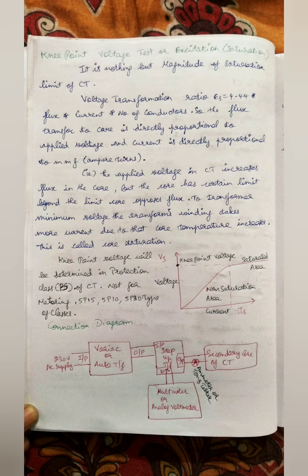For example, if the output is 100 volts, the multimeter connection point will show 10 volts, and the output will be 100 volts. That is the 10% of your output voltage at which we connect a multimeter. The output of your step up is connected to the secondary core of the CT. Here the CT will be in an open condition.